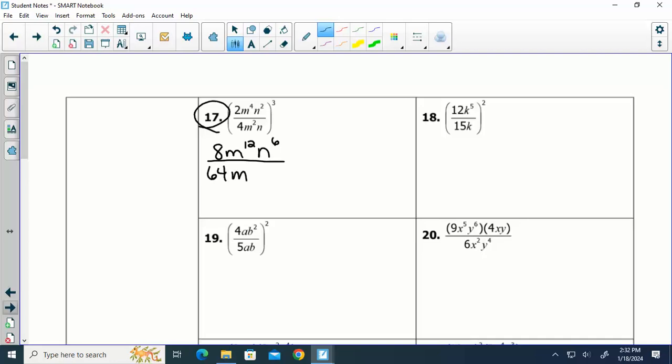M to the, n to the, right, 8 over 64, what does that reduce to? And it would be m to the, n to the. All right. Any questions there?